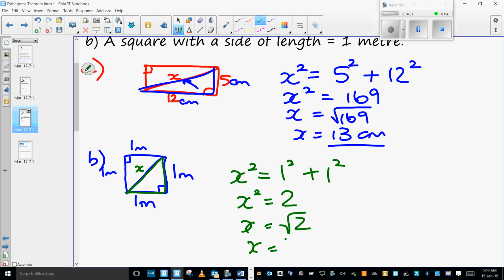Square root of 2. So at the beginning it shows you the square root. Yes, 1.41.